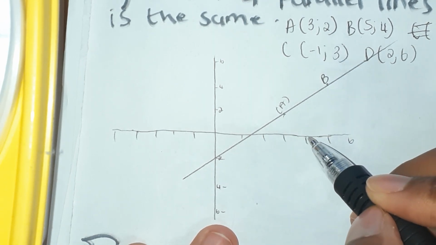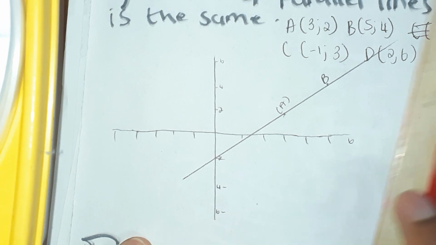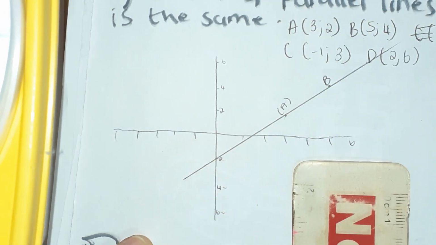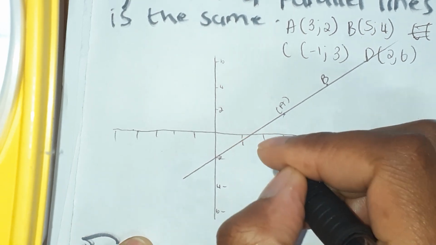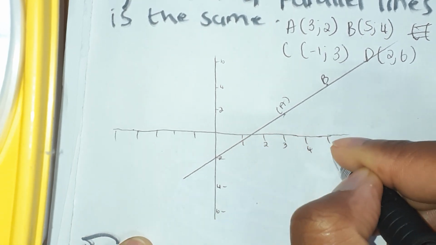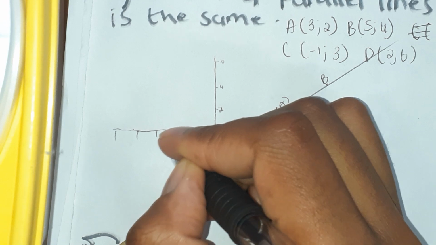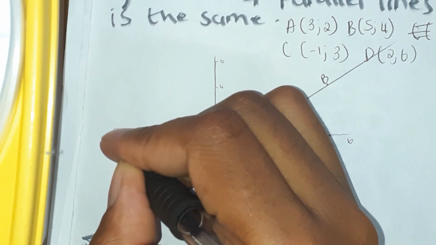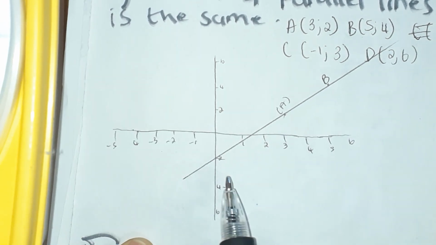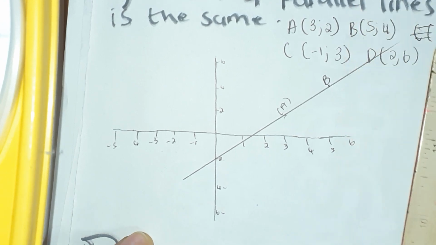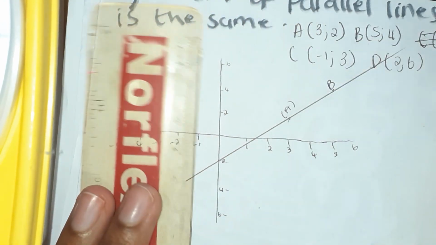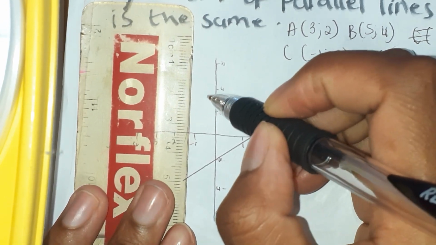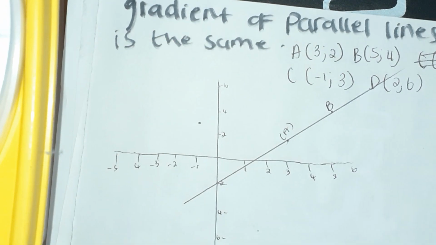So let's go for C. This is 1, 2, 3, 4, 5, and negative 1, negative 2, 3, 4 and 5. So when x is -1, y is a positive 3, so 3 will be somewhere between 2 and 4.